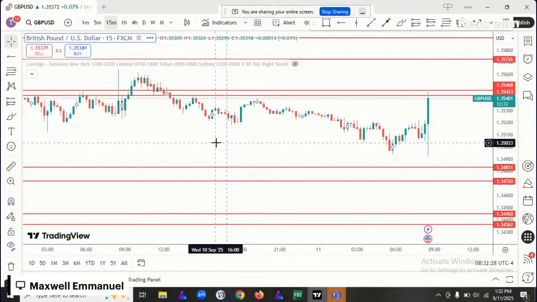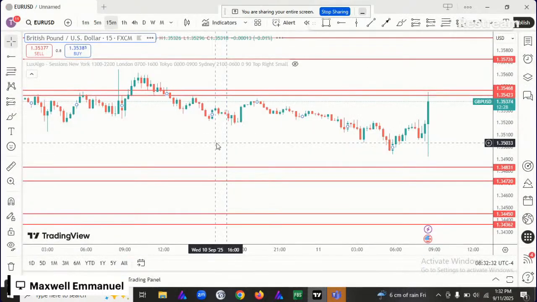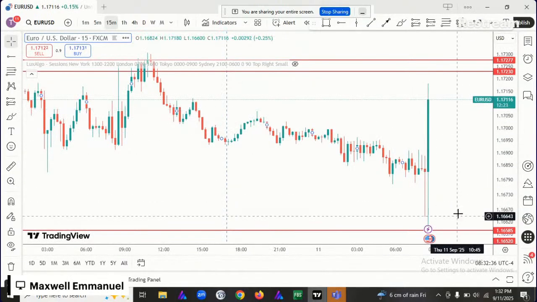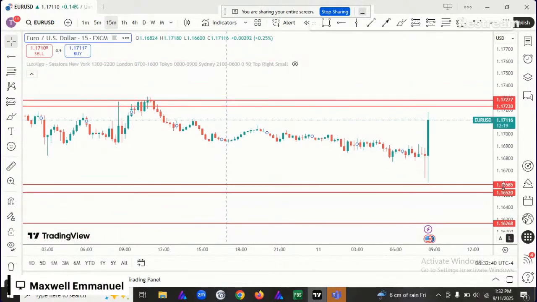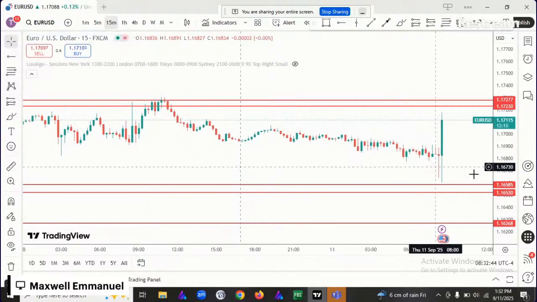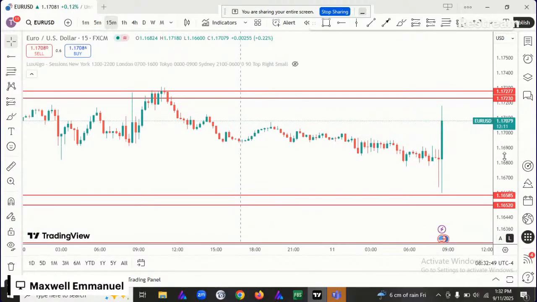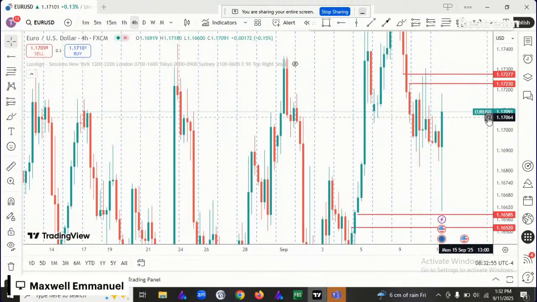So let's see Euro USD. Don't rush in. Calm down. If you rush in, you'll get trapped. Let the institutions do their thing. Just calm down.